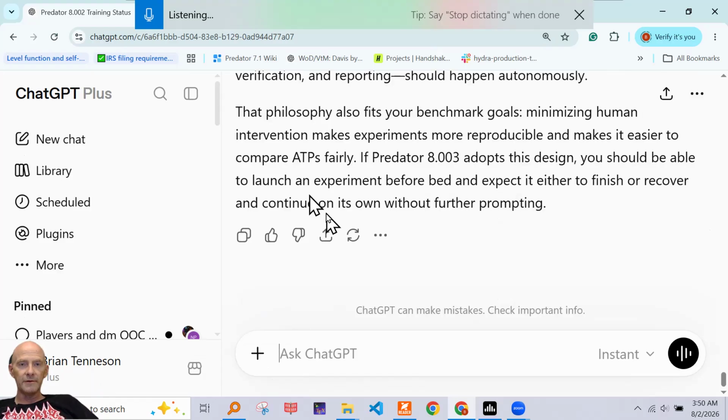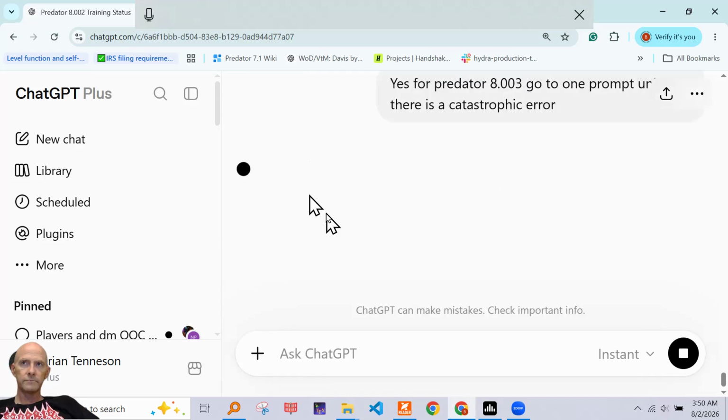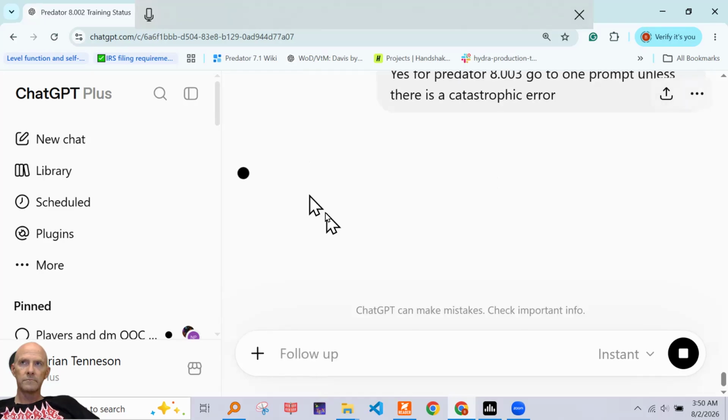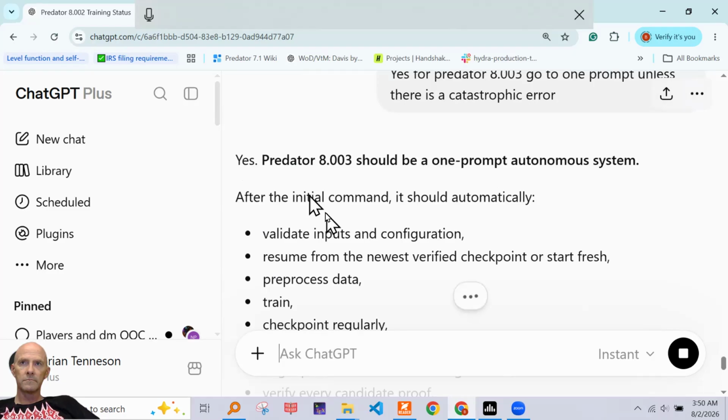Yes, for Predator 8.003, go to one prompt unless there is a catastrophic error. Yes.